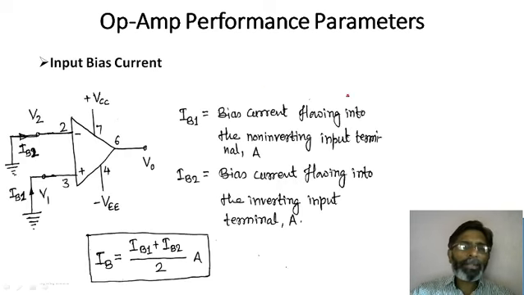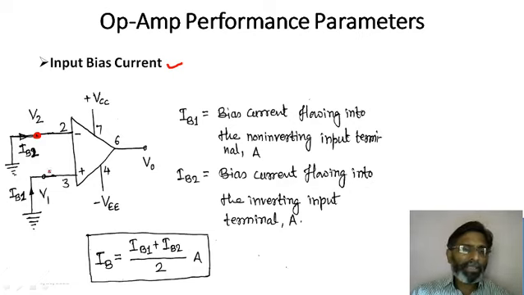Then the next parameter is input bias current. Now, what is this input bias current? Now you know that, see, this terminal is the base of the transistor which is inside the difference amplifier.